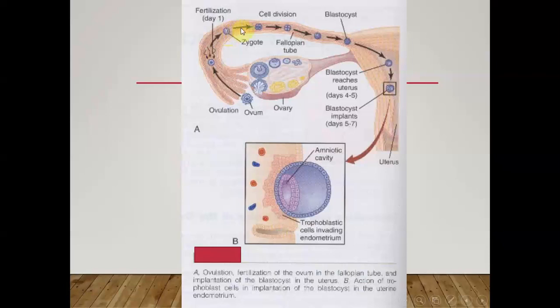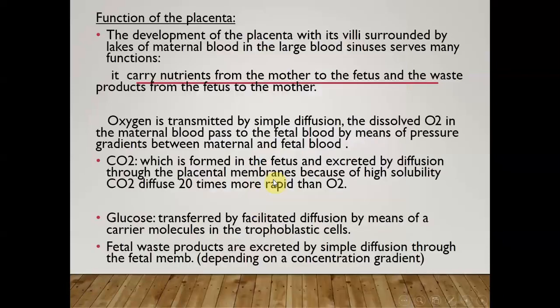The fertilized oocyte will pass down towards the endometrial cavity. This process is facilitated by the ciliated epithelium of the lining of the fallopian tube. Then the fertilized ovum, the blastocyst, will be implanted, forming the new embryo.